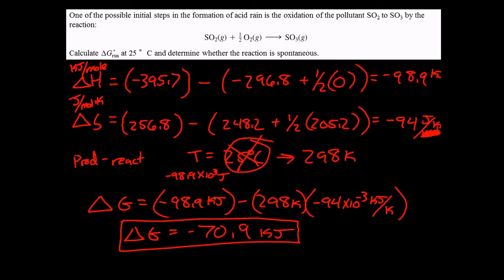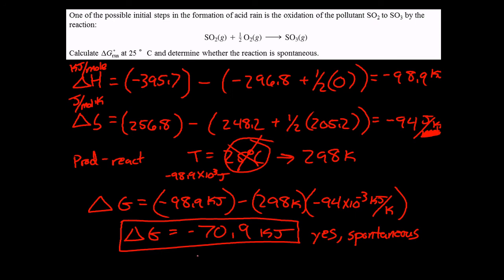So if I had stuck with joules instead of kilojoules, I would have ended up with negative 70,900 joules. So, is this spontaneous? Yes, it is spontaneous. And we know this because it is a negative delta G value. Because remember, negative delta G values are spontaneous. Positive delta G values are non-spontaneous.